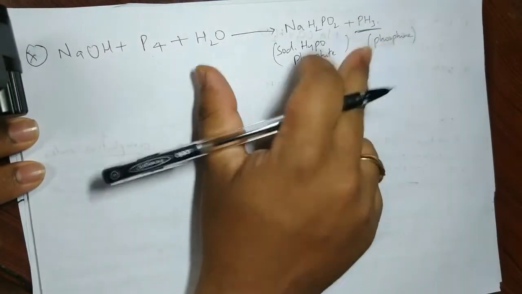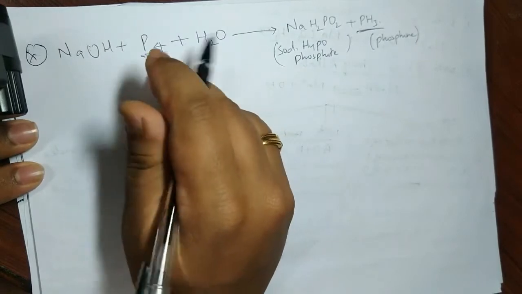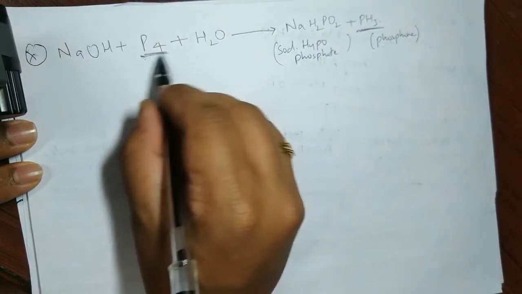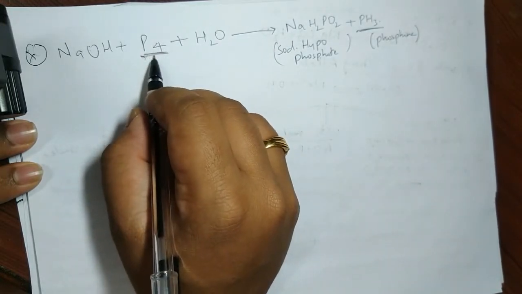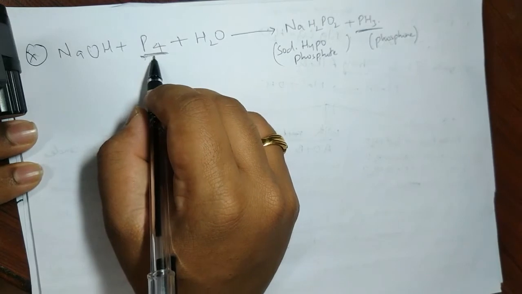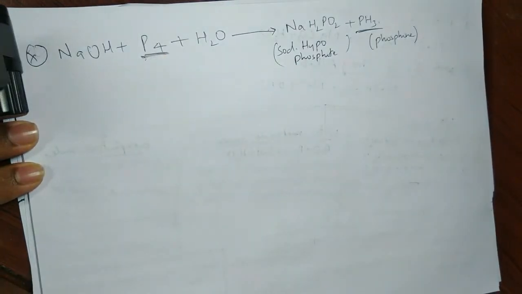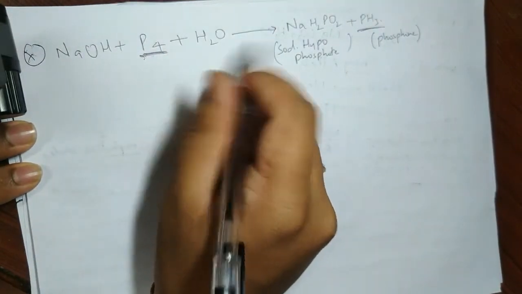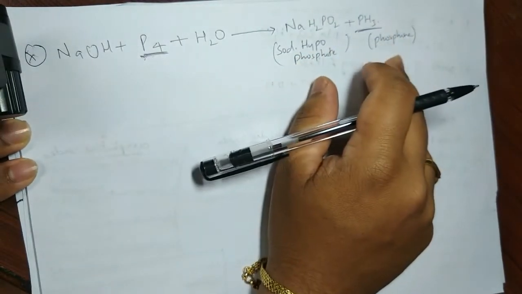So on a whole, the phosphorus that we use is yellow phosphorus. There are various allotropes of phosphorus, there are many allotropes, and we use yellow phosphorus. Even though it is yellow, it should actually be white in color. So this yellow phosphorus, when treated with NaOH in the presence of water, forms sodium hypophosphite plus phosphine.